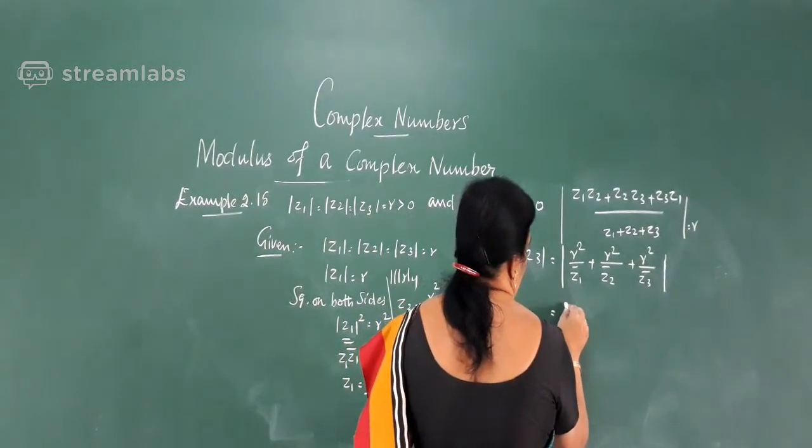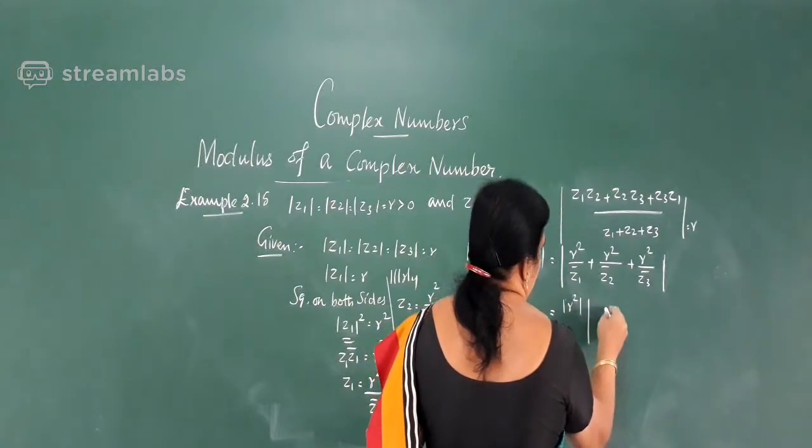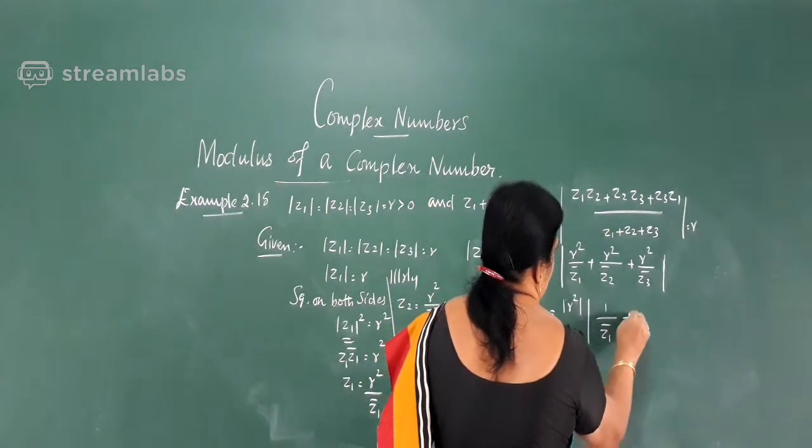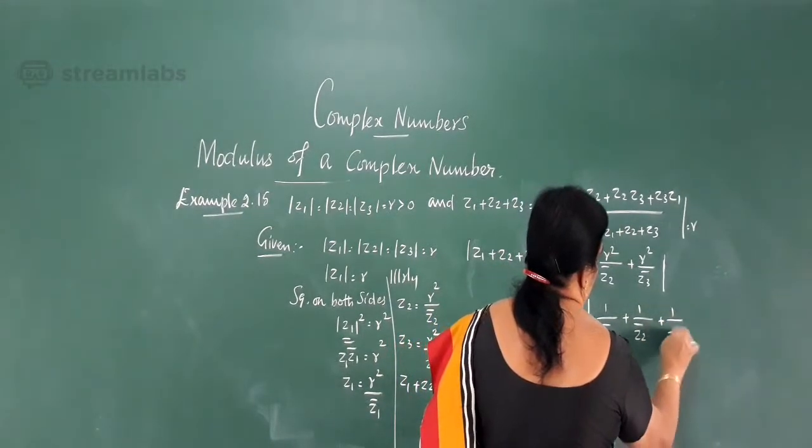I am going to take this R squared common, leaving 1 by z1 bar plus 1 by z2 bar plus 1 by z3 bar.